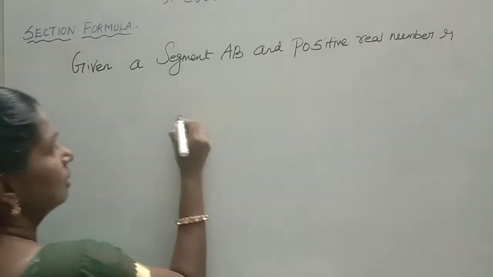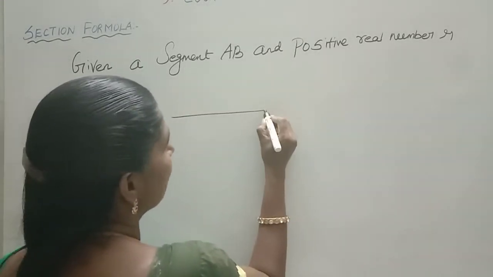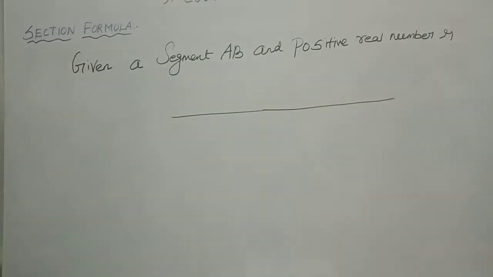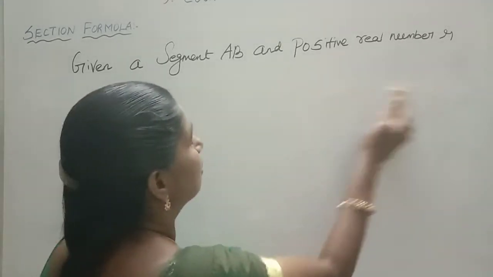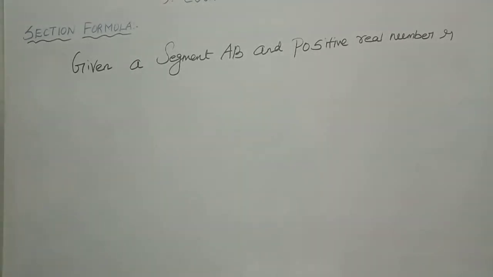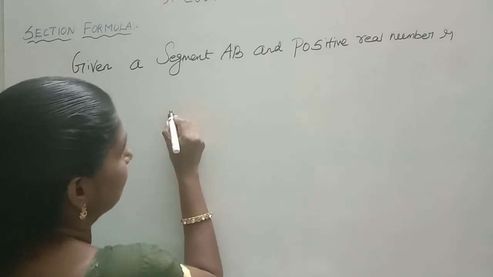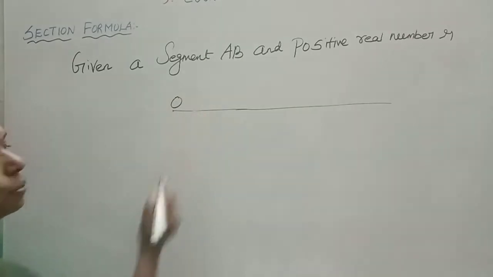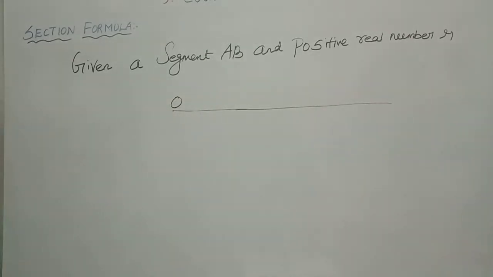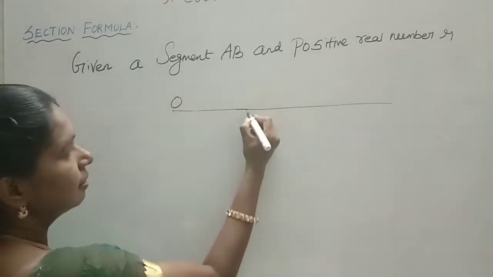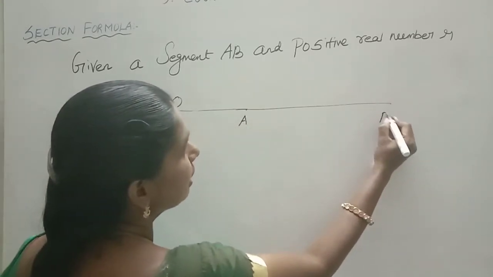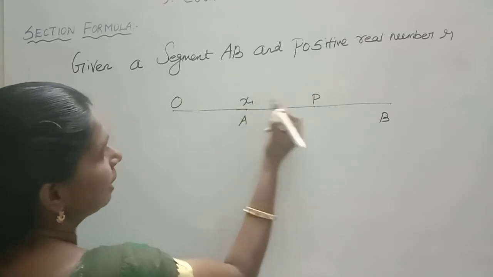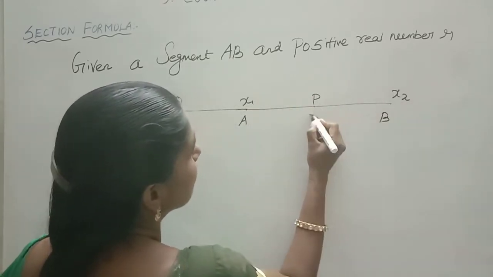Here they are giving generally one line. Let us take the line, and here this is O. In this line we are going to take a point A and here another point B. The middle point is P. Here this is x1, this is x2 and this is x.